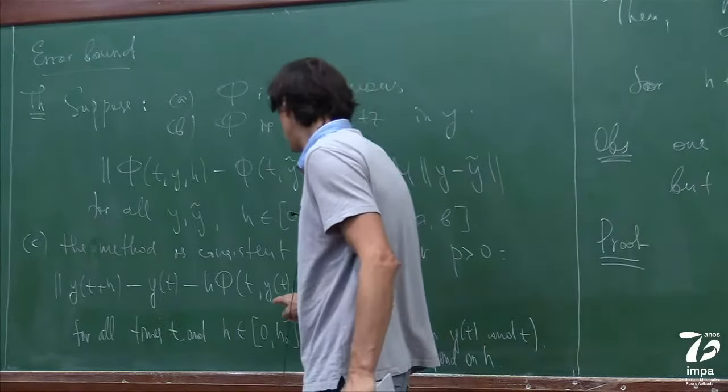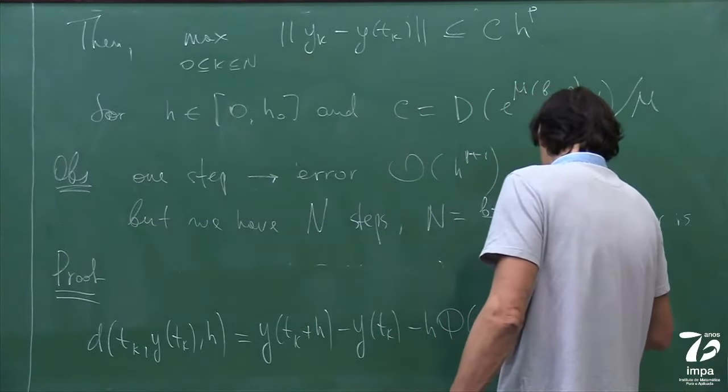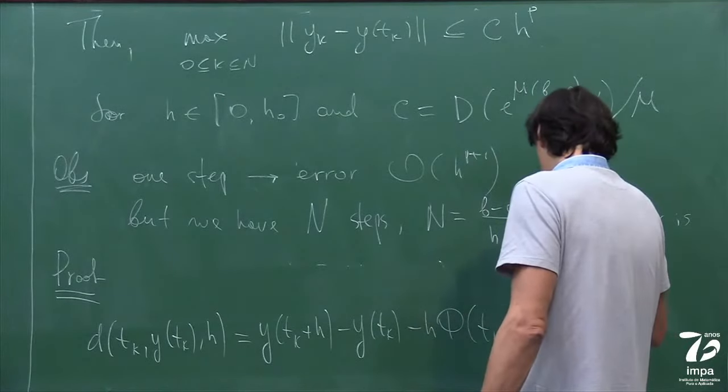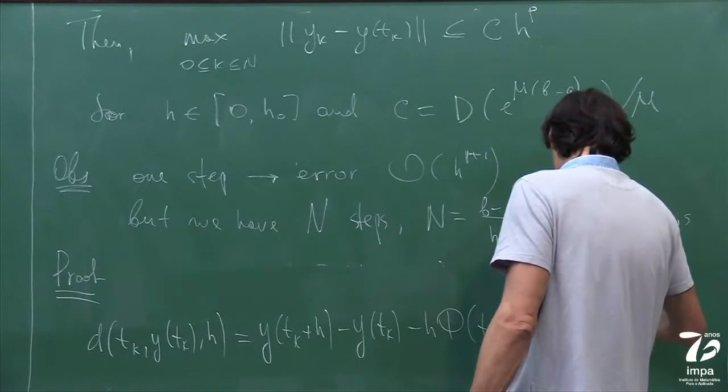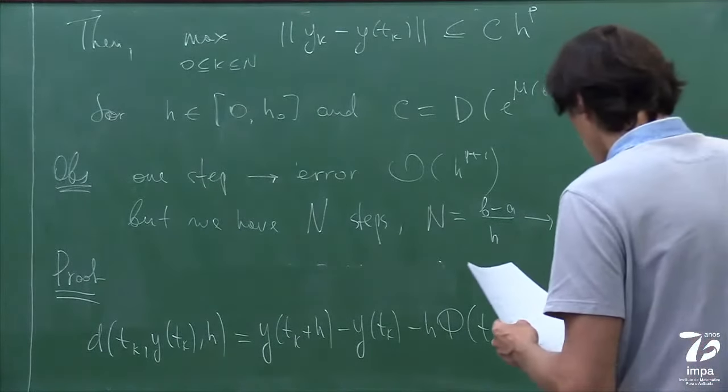It will be the difference between y(t_k + h) minus y(t_k) minus h psi. So just denote this notation.